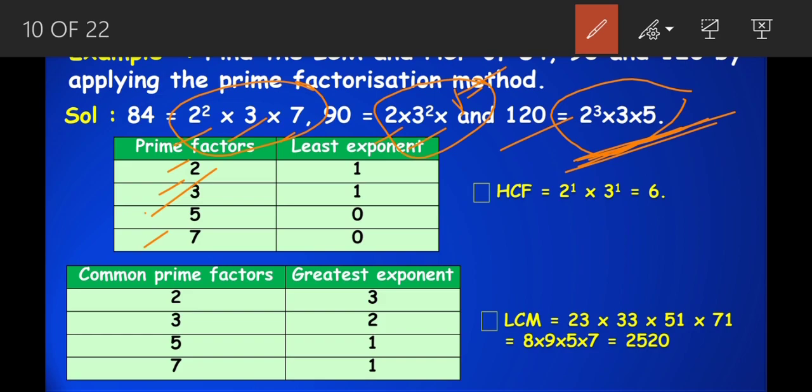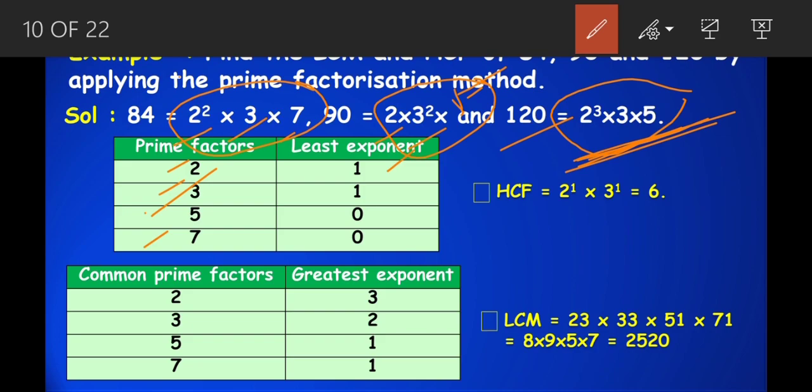But least number of times, how many times are they occurring? In 84, 2 occurred 2 times. In 90, 2 occurred 1 time. In 120, 2 occurred 3 times. So 2 least number of times, 1 time, in the expansion of 90.